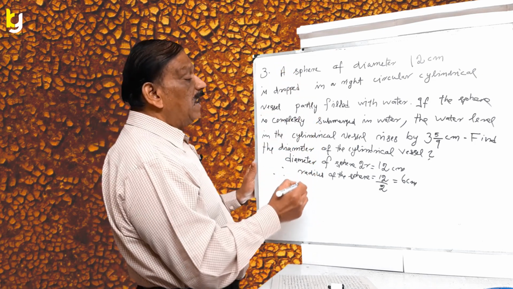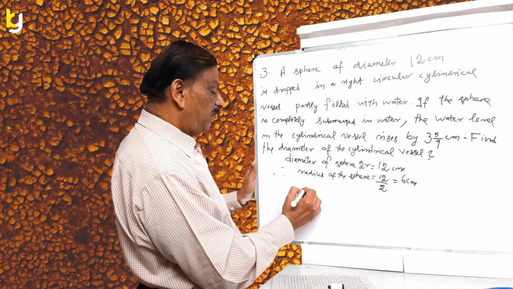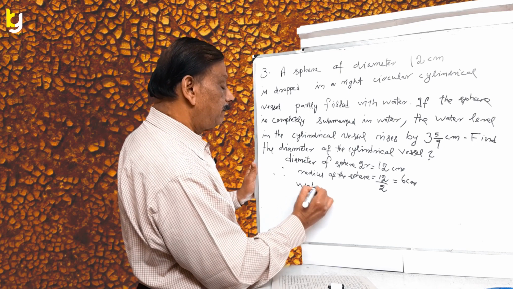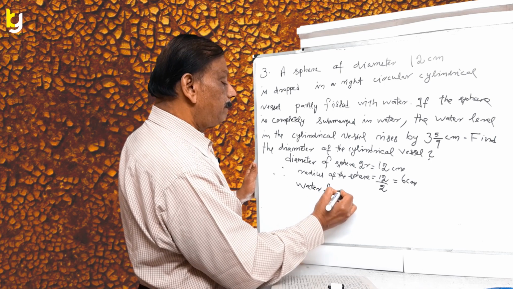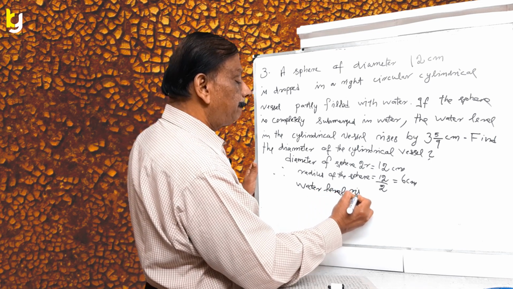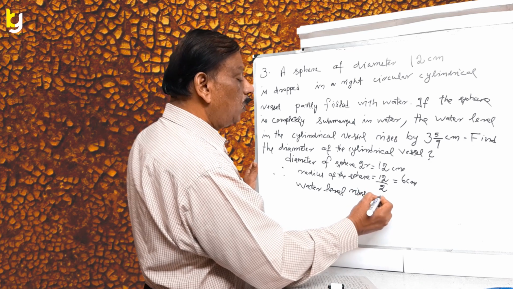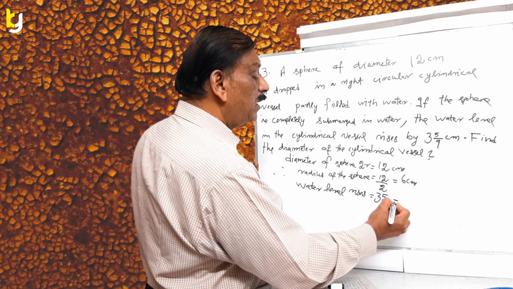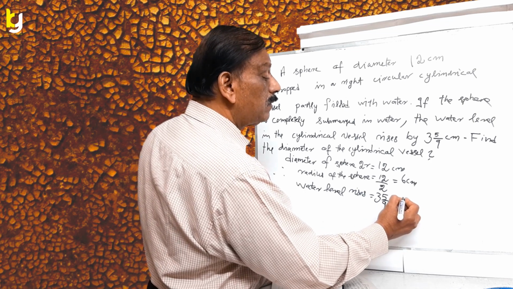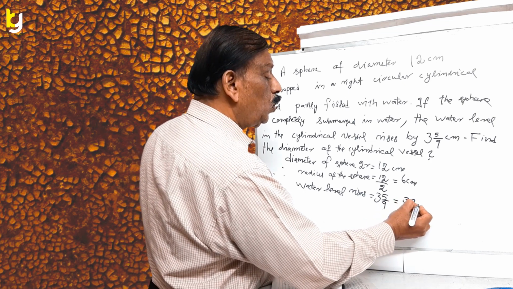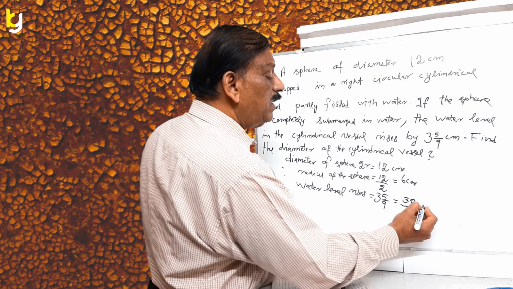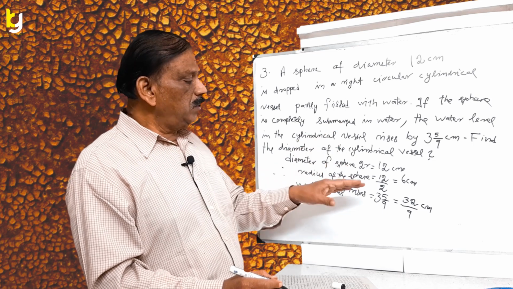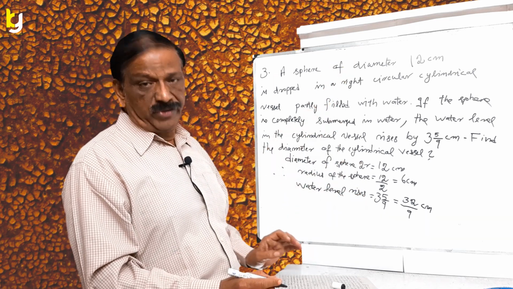Therefore, the water level's height rises equal 3 and 5 by 9 equal 32 by 9 centimeter. Clear? Any doubt? All these things are given in the question.